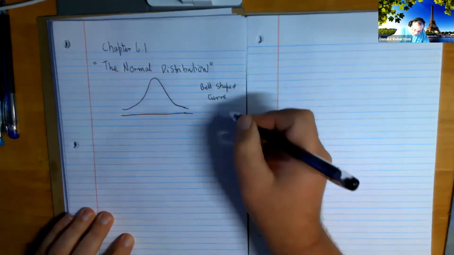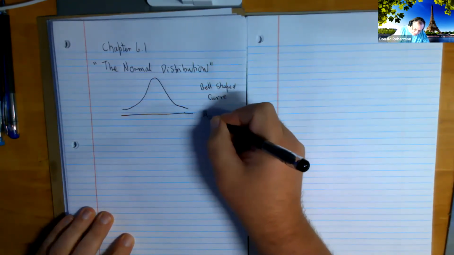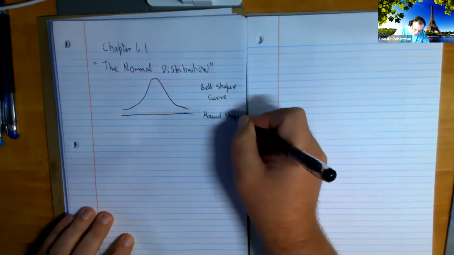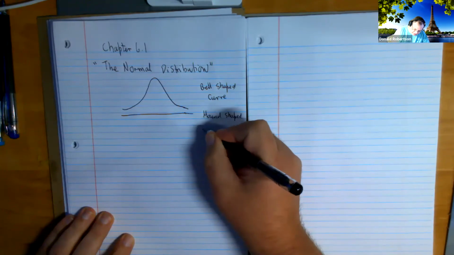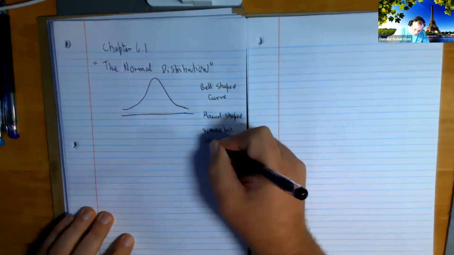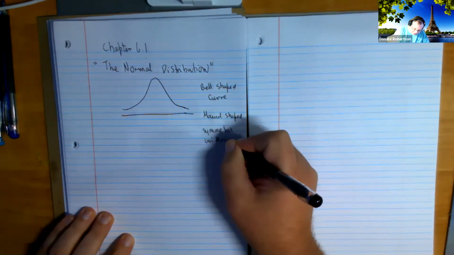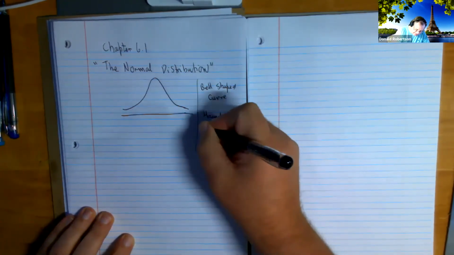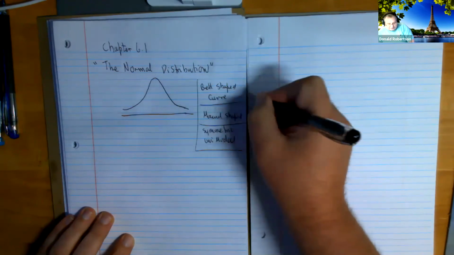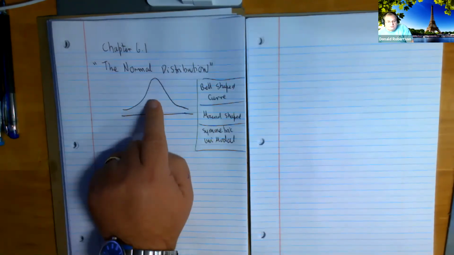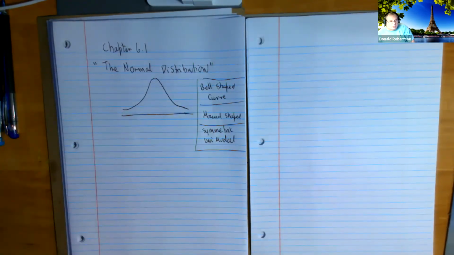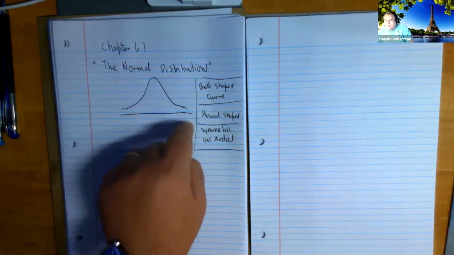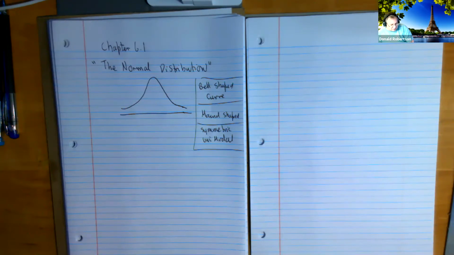We've already called it mound-shaped, and it's symmetric and unimodal, which just means it's got one hill. Those three things are the same thing. They're just different names for a hill like this that's nice and symmetric. This is also called the normal distribution, so you've got tons of names for it.